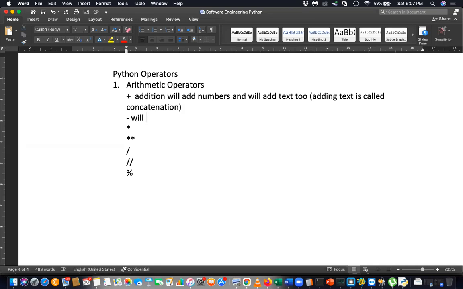We'll subtract numbers. Subtraction will subtract numbers. Asterisk will multiply numbers.